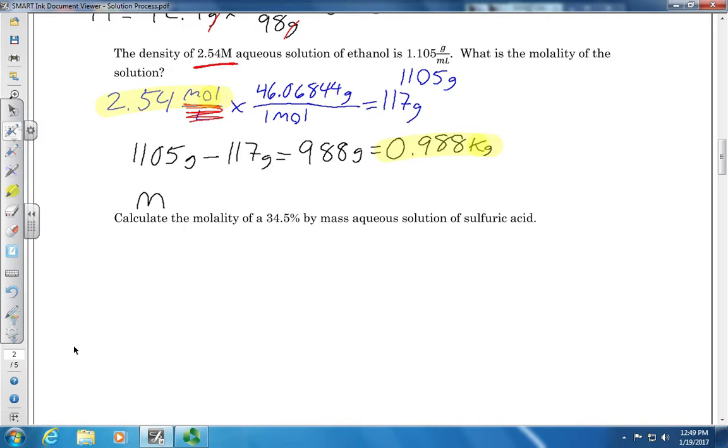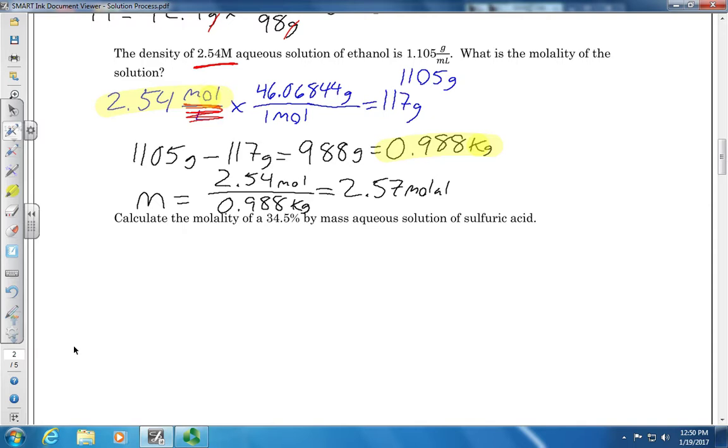So little m is going to equal 2.54 moles over 0.988 kilograms, which is equal to 2.57 molal, or moles per kilogram.